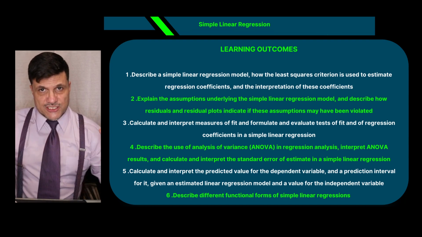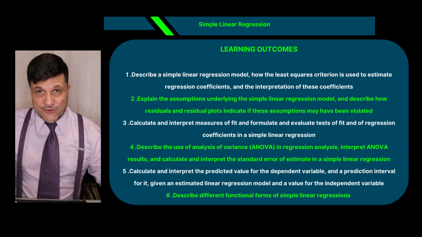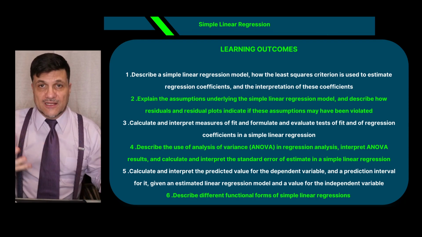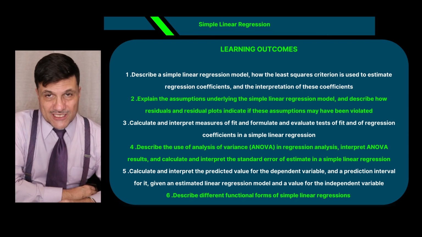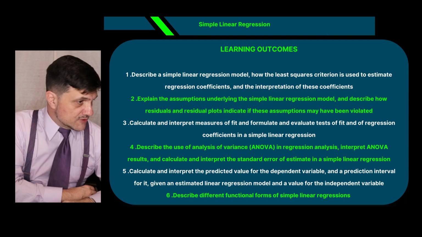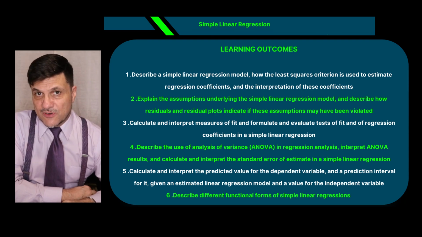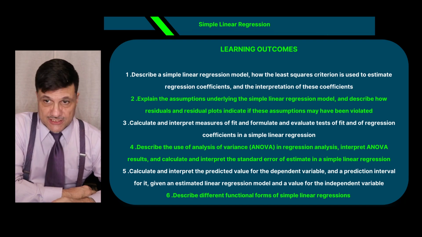The larger the sample, the smaller the interval; the larger the standard error, the larger the interval. Those are the things you need to understand about the prediction interval. And describe functional forms of linear regressions. I'm going to show you all the possible formats of a simple linear regression.